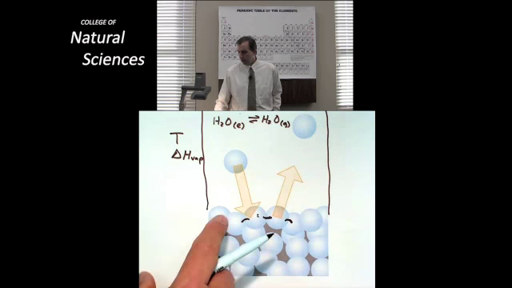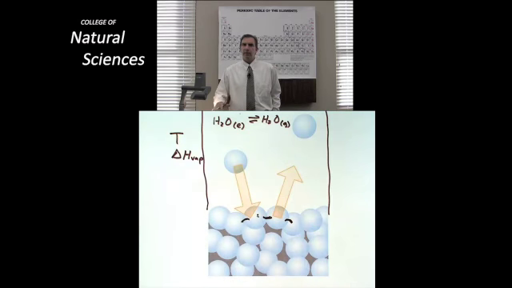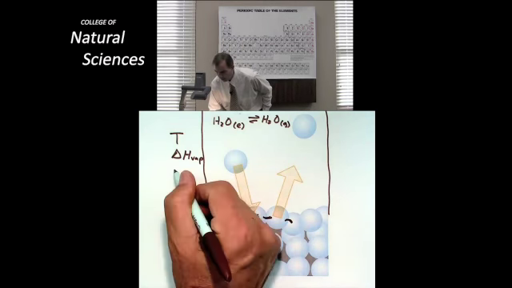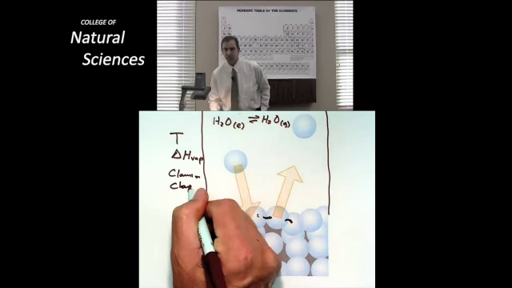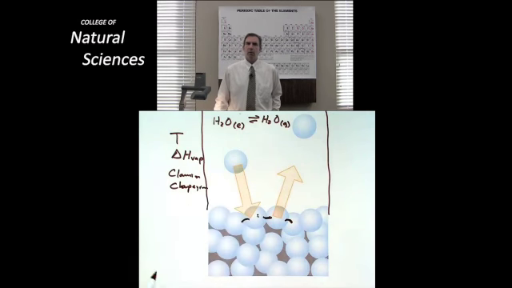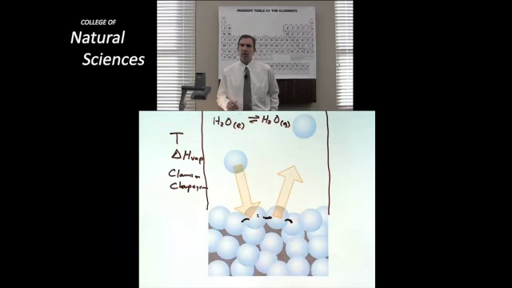Now, as I begin to do this calculation, you're going to see a lot of pretty sophisticated math laid out in front of you that's ultimately going to result in me creating something called the Clausius-Clapeyron equation.